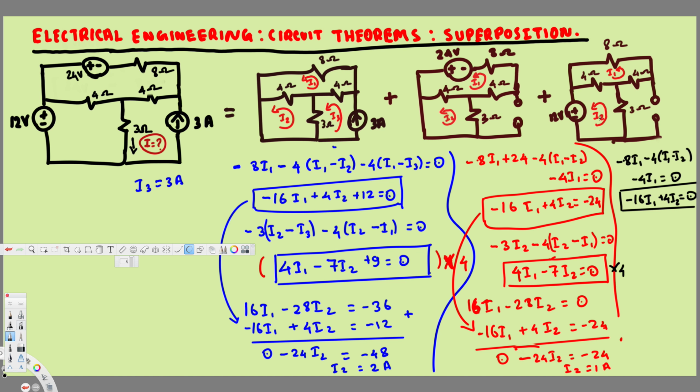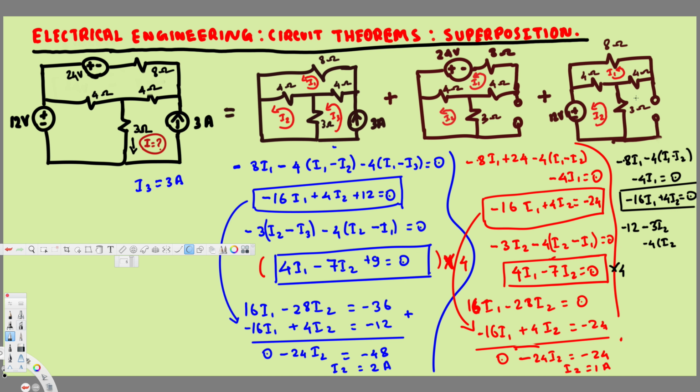Now let's look at the I2. Maybe let's start with this voltage source. Plus to minus voltage drop, so this is going to be negative 12 volts. And then this is going through this 3 ohm, so that's going to be minus 3 I2. Then it's going through this 4 ohm, minus 4 I2.